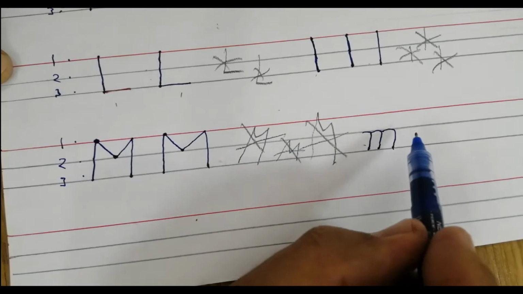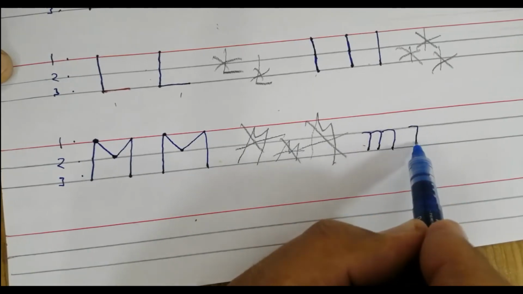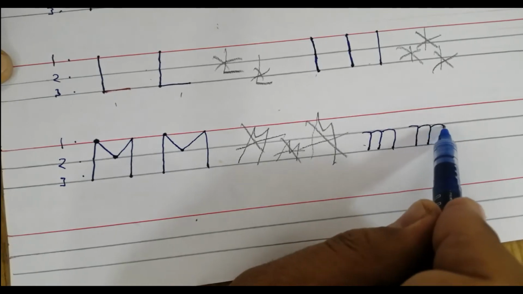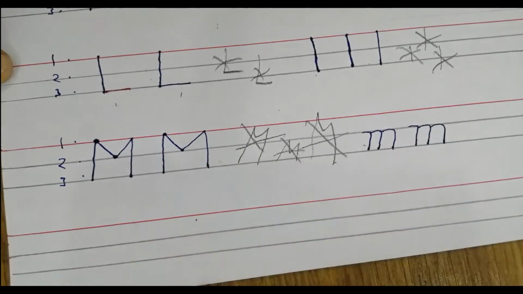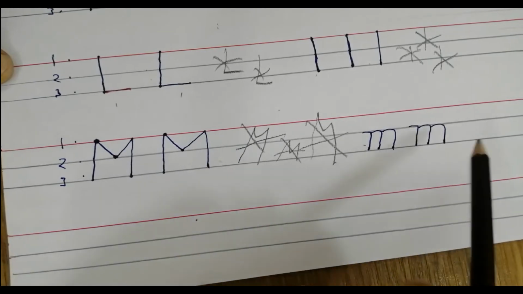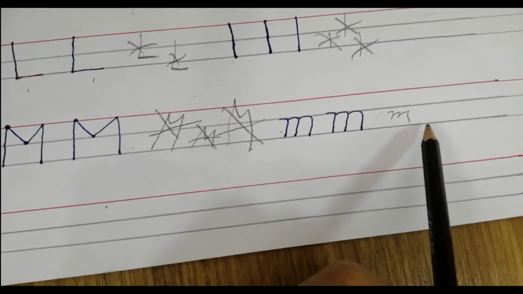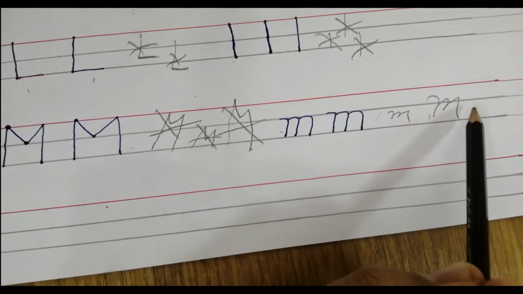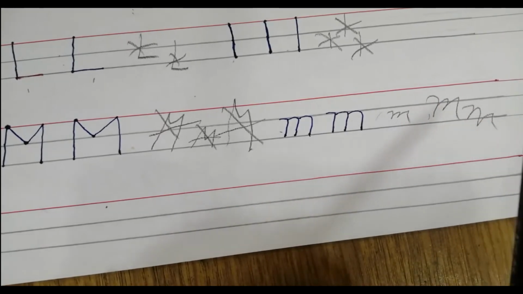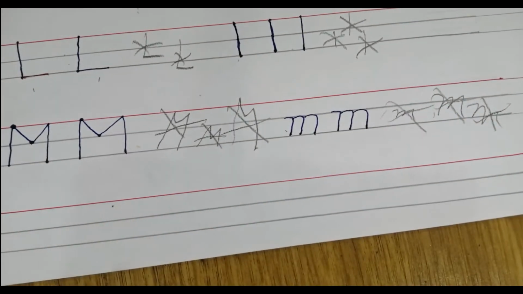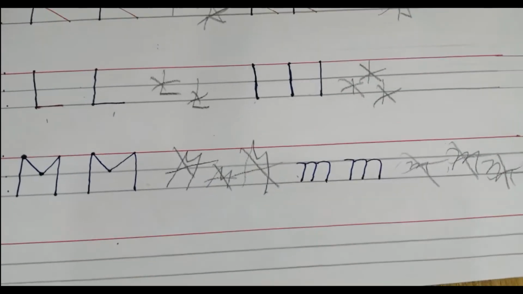Again, 1 between 2 and 3, another 1 between 2 and 3. That's it. No one makes it inside here like that, or like that. Not acceptable.